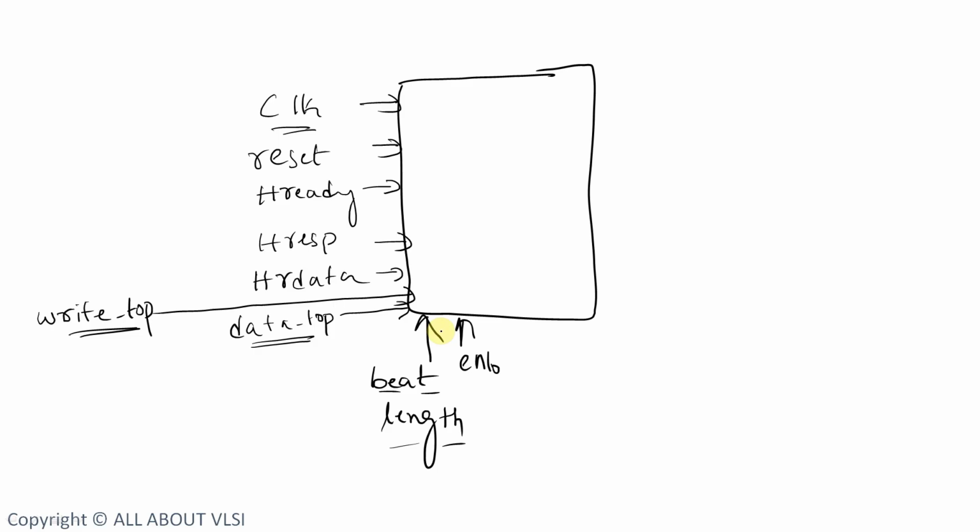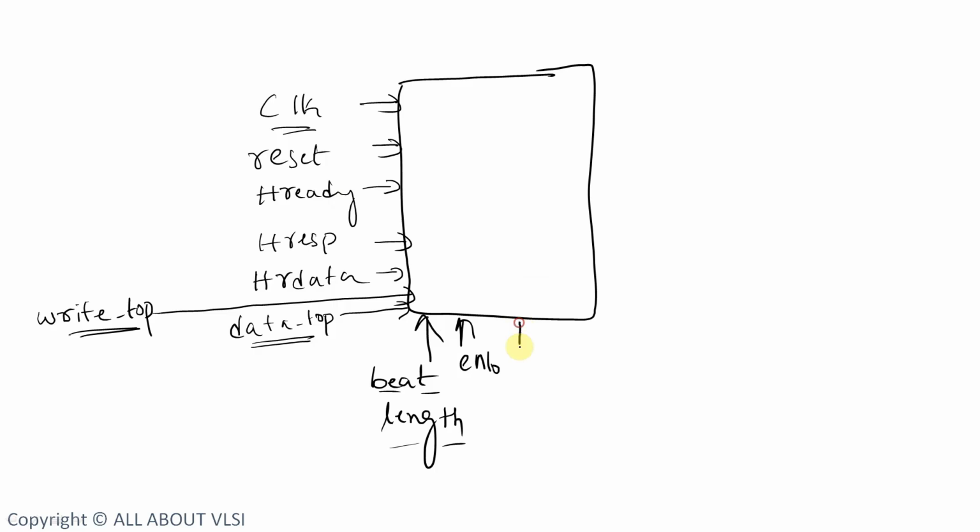Using this enable signal, the master, or our design, will come to know that the user has completed giving all the required data. If enable is equal to 0, that means the user is still feeding the data. If enable is equal to 1, that means the user has completed giving the data, and then this master will start its operation.